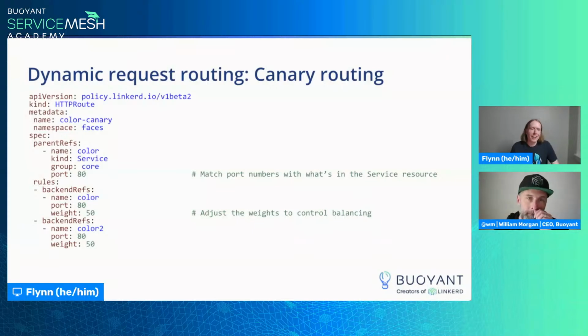But this is different from the authorization policy, right? I've been making this analogy between these two things. They both use HTTP routes, but the authorization policy stuff is server-side policy, and this is client-side policy. So if A talks to B and both are meshed, you can kind of ignore it. If one of the two is not meshed, then you may have to think through, okay, is Linkerd actually going to be able to execute this policy?